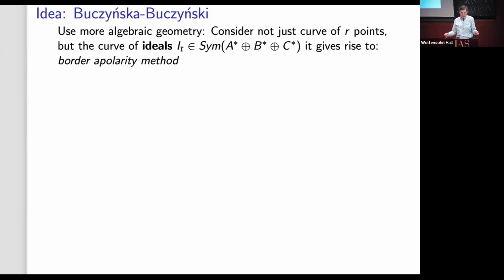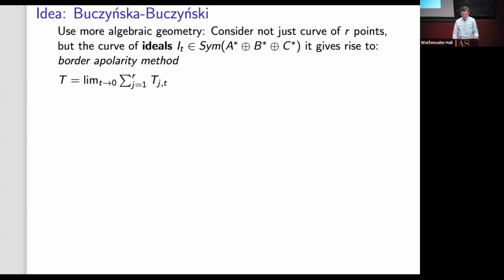And so we could look at this curve of ideals, and that gives much more information. I was just looking at the ideal in degree 1. Now I can look at the ideal in all degrees. In fact, I have polynomials in 3 sets of variables, so I can look at polynomials in 3 different multi-degrees. I have Z3 graded polynomials, so I have a lot more information. I have a lot of Grassmannians to play with now.